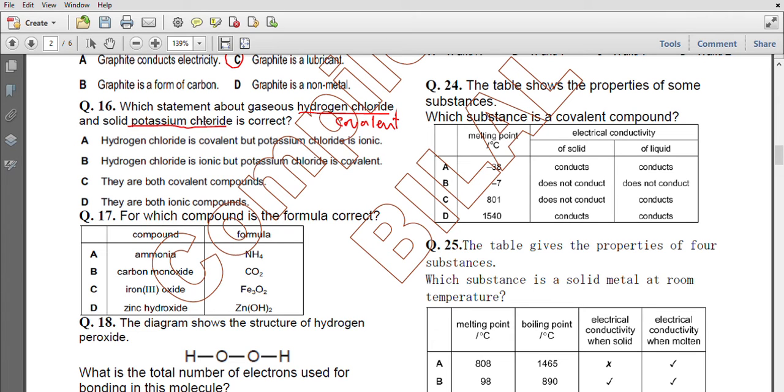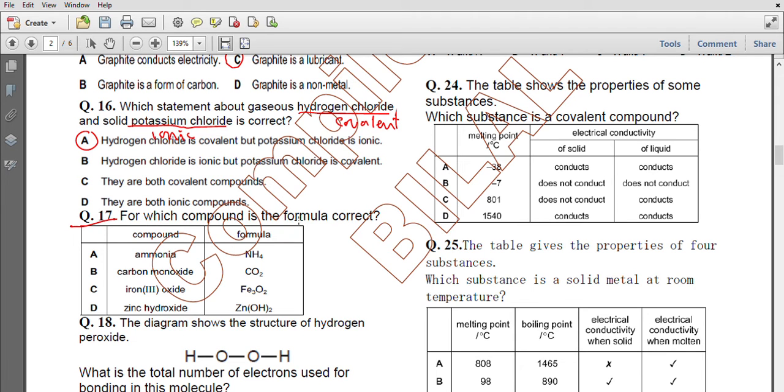Potassium is a metal, chlorine is a non-metal, so this will be an ionic bond. Keeping this in mind, we can say statement A is correct, as hydrogen chloride is covalent but potassium chloride is ionic.